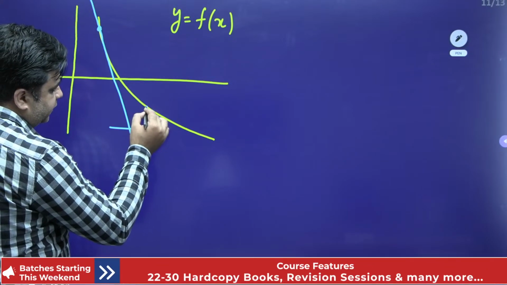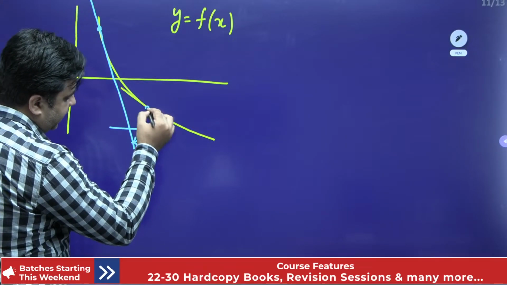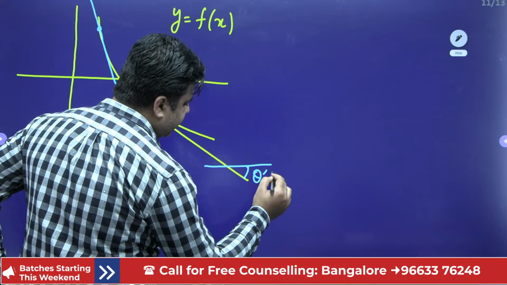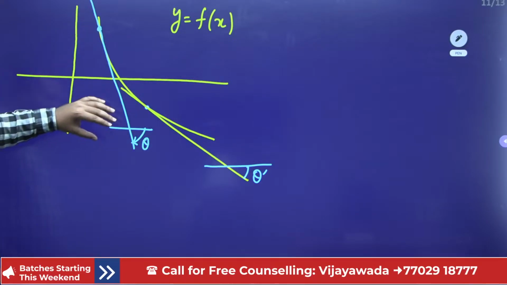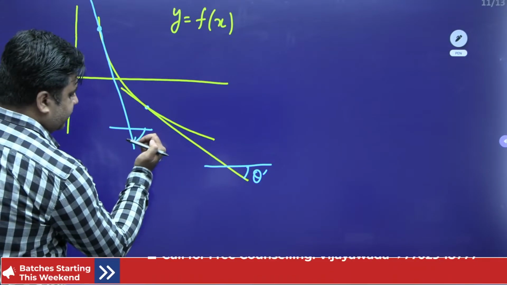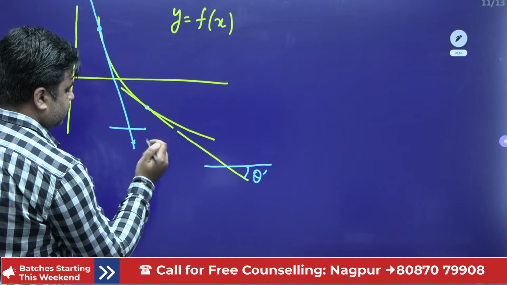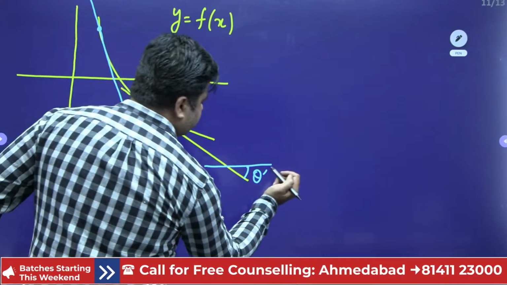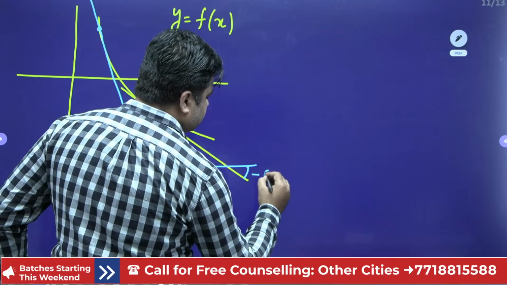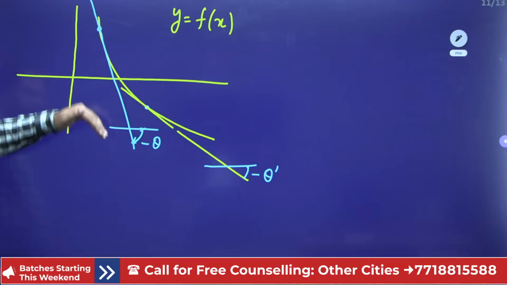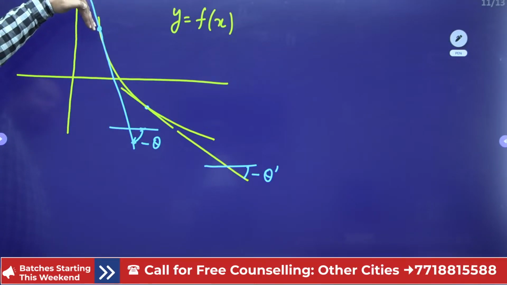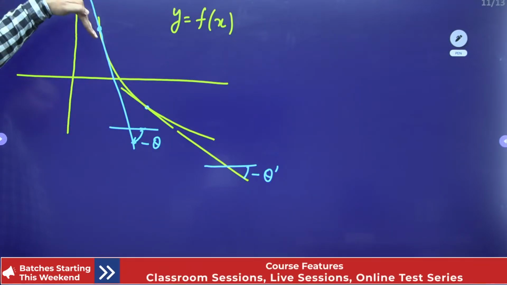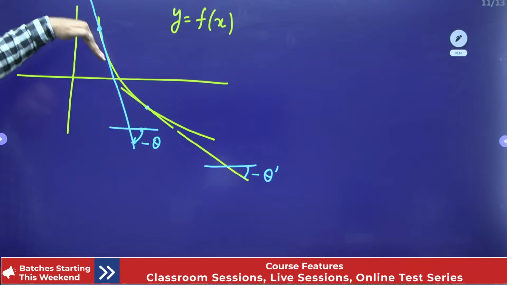At this point, this will be my tangent, and now the angle made is some theta dash. So you can clearly observe that this is negative theta, and this is minus theta dash, right? You can clearly observe that when the function is moving in this direction, the slope is also increasing.